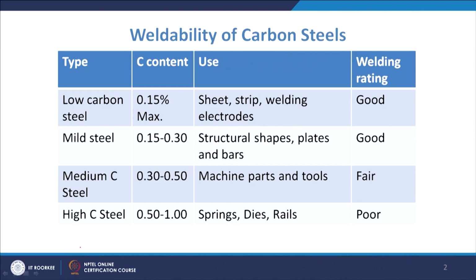So, in the case of low carbon steel, the carbon content is limited to a maximum of 0.15%, and its use is normally sheet, strip, welding electrodes. All these are made by 0.15%, less than that even the carbon. So, that is classified as low carbon steel.